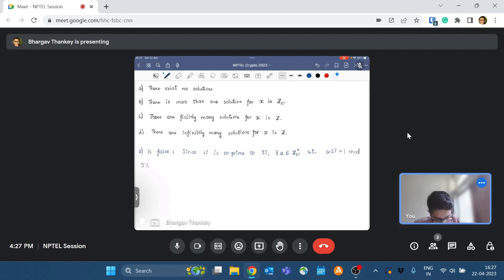So 17x equals 1 mod 27 implies that I can multiply A on both sides.